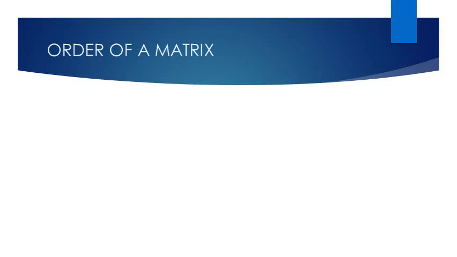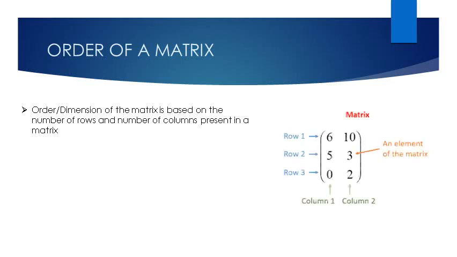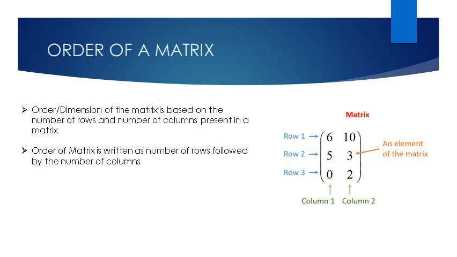Next, order of a matrix. Order, also called the dimension of the matrix, is based on the number of rows and number of columns present in a matrix. In the same example, the number of rows is 3 and the number of columns is 2. The order of a matrix is written as the number of rows followed by the number of columns.